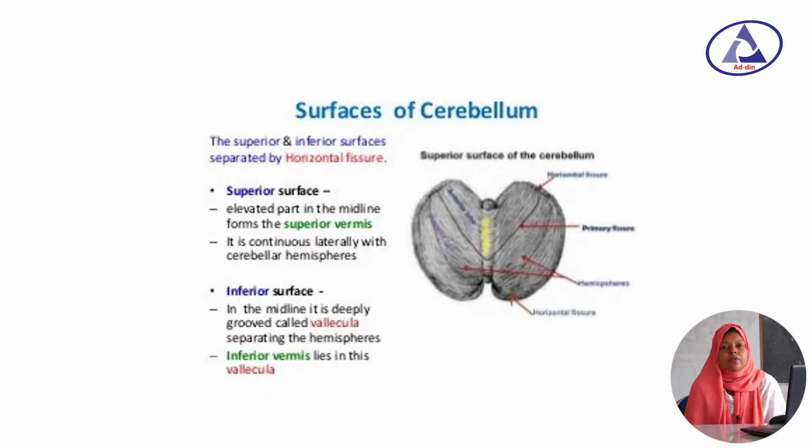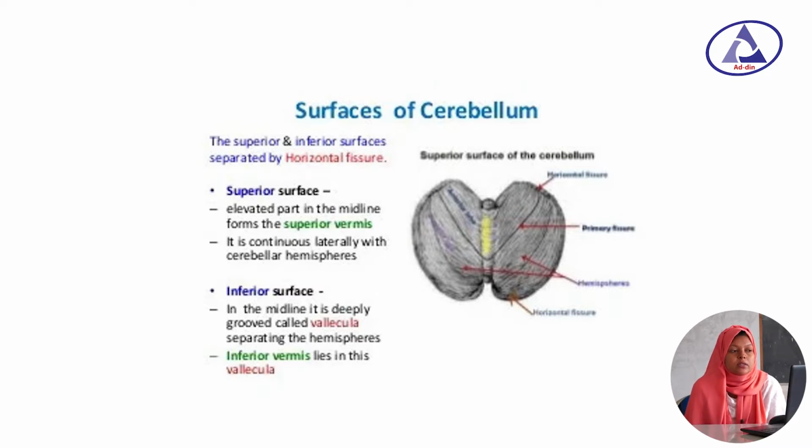What about the surface and border and lobes of the cerebellum? First we discuss about the surfaces of the cerebellum. There are 2 surfaces present in cerebellum, one is superior surface, another is inferior surface. The superior and inferior surfaces are separated by horizontal fissure. This is very important.